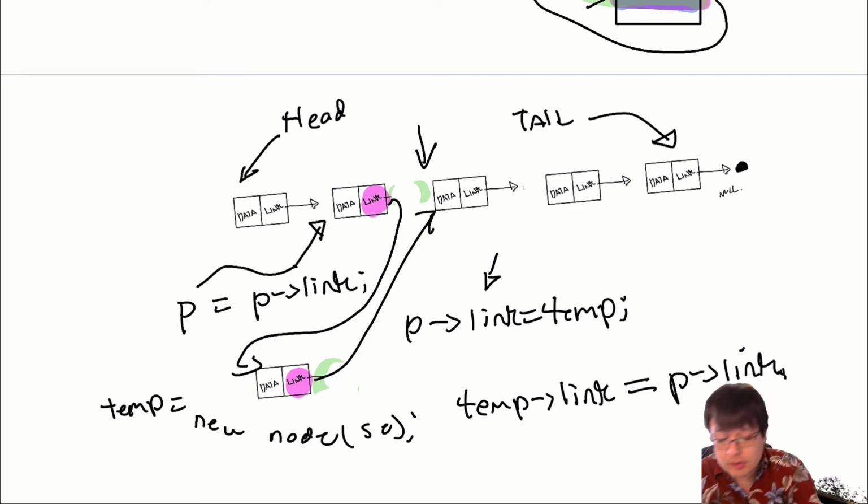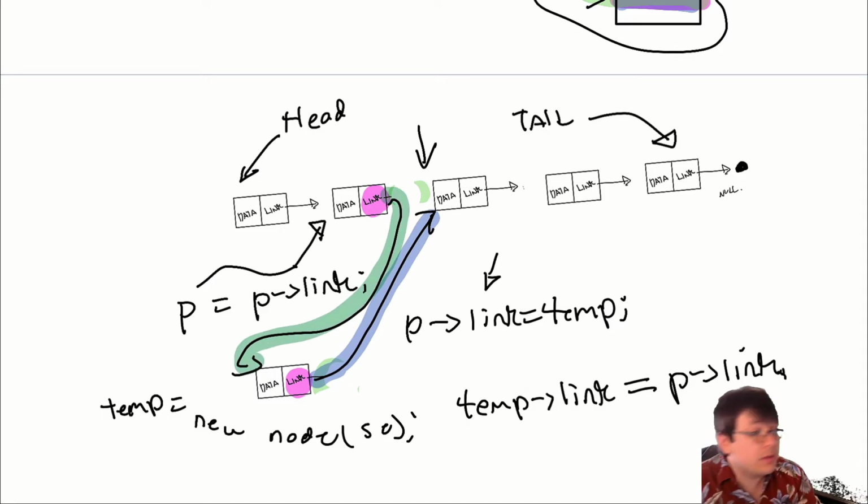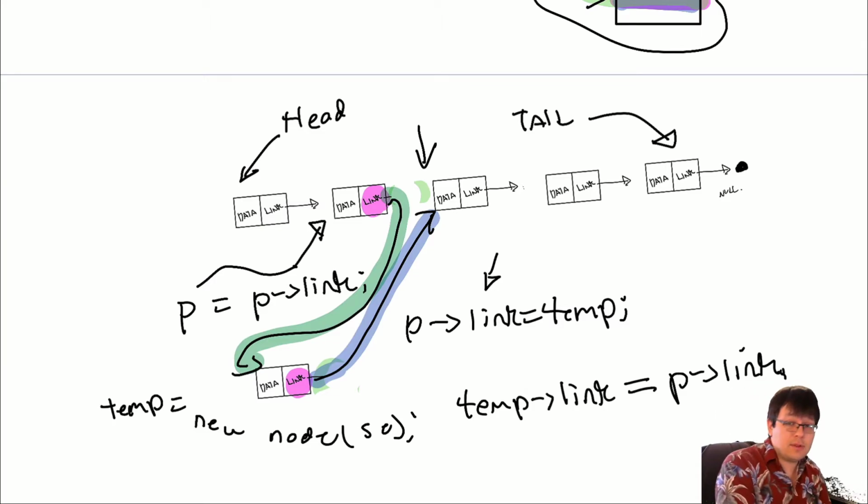You first do this pointer here, and then once you've done that, only then do this one. If you do it the other way around, you basically will lose data. You lose pointers, which means that you break the links. You will never be able to recover them ever again. They'll be gone forever, or at least until you run the program again.